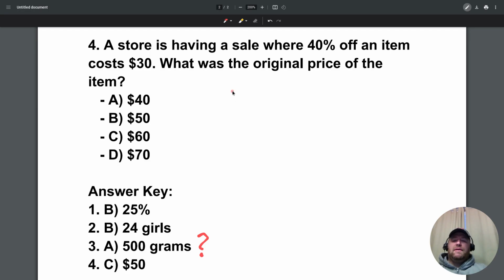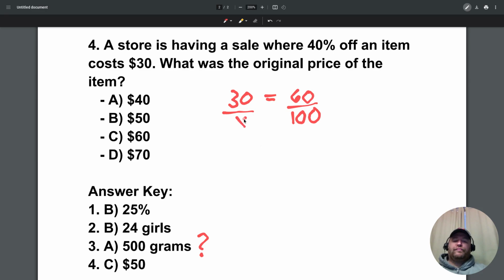So let's say it costs 30 with the 40% off. That's 60% of 100. You may be able to see the answer here. Well, you can see it right there. Notice that, again, B is going to be the correct answer, but it's showing as C with the AI. So they're working out a few things.